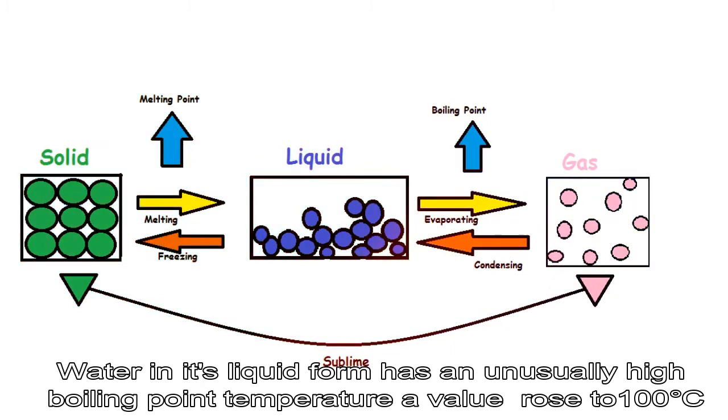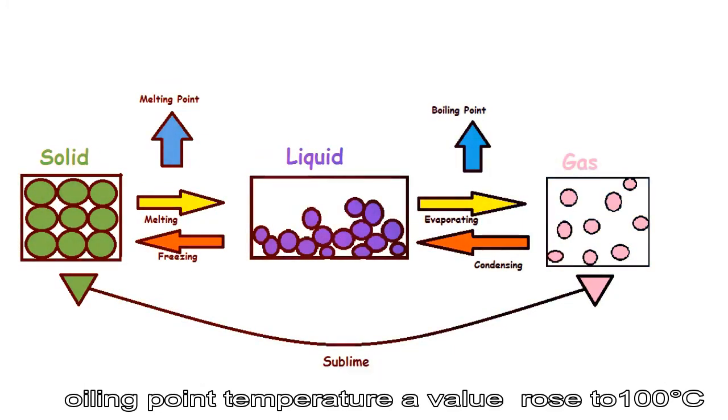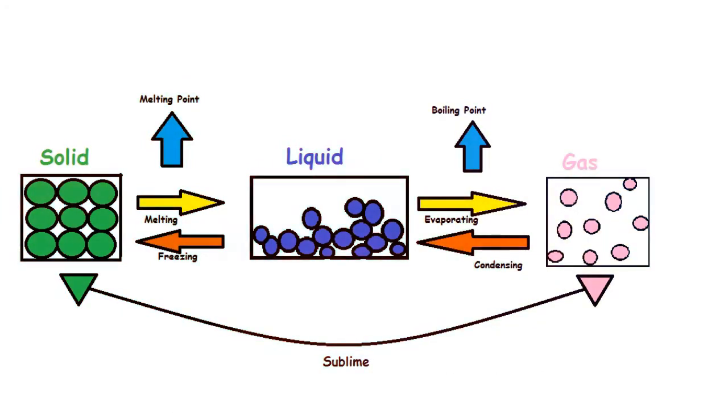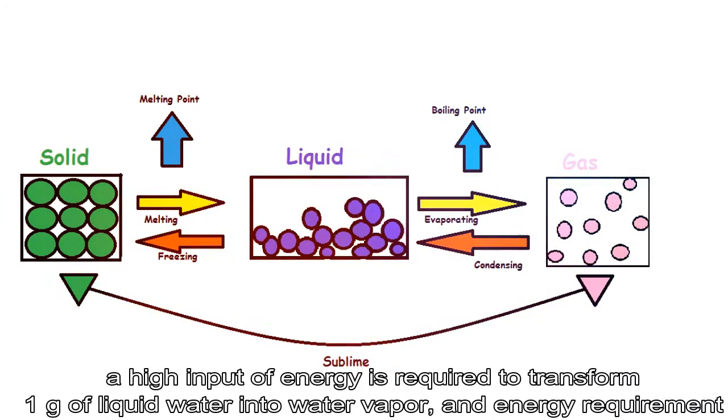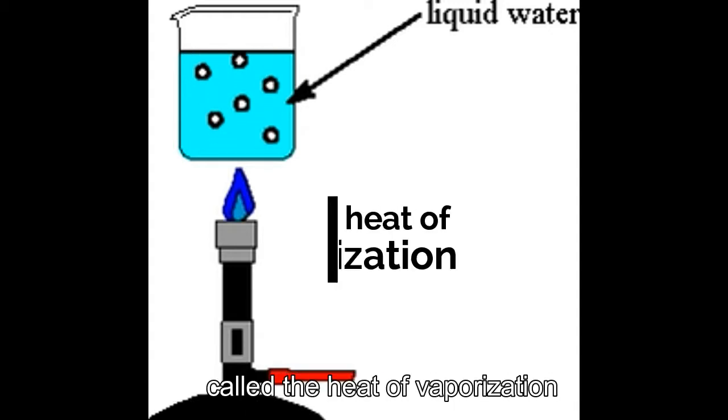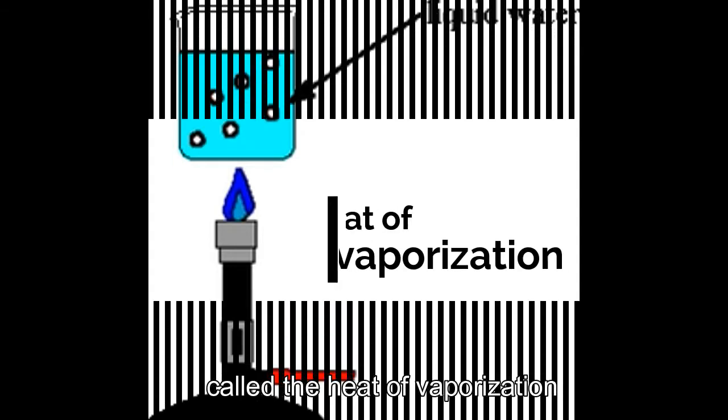Water in its liquid form has an unusually high boiling point temperature. The value rose to 100 degrees Celsius as a result of the network of hydrogen bonding present between water molecules. A high input of energy is required to transfer 1 gram of liquid water into water vapor, an energy requirement called the heat of vaporization.